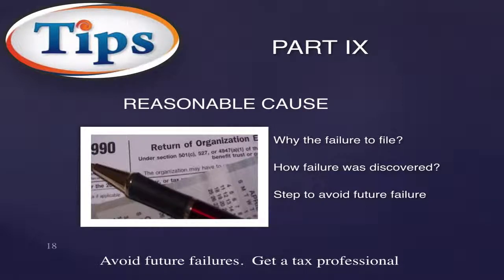It establishes that your organization exercised ordinary business care and prudence in determining and attempting to comply with its annual reporting requirement. The statement should have a detailed description of all the facts and circumstances about why your organization failed to file, how it discovered the failure, and the steps it has taken or will take to avoid or mitigate future failures.